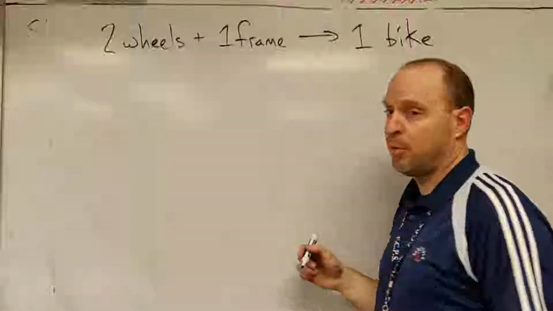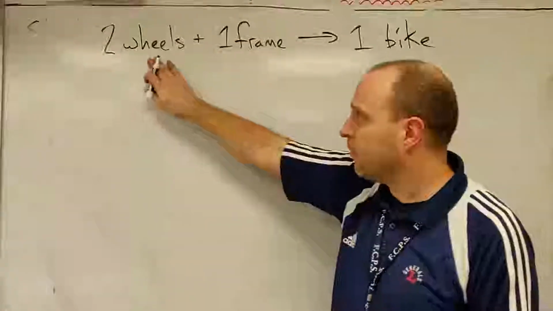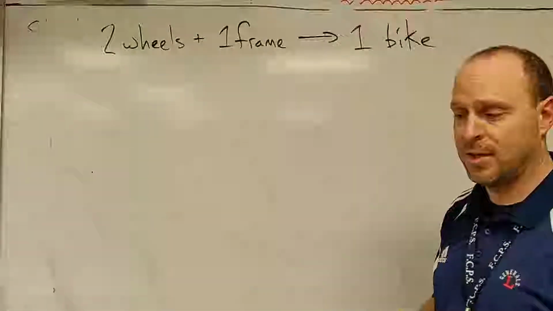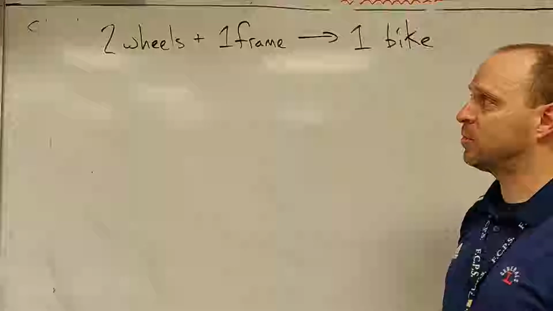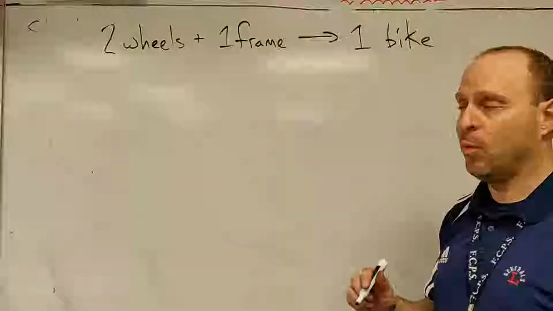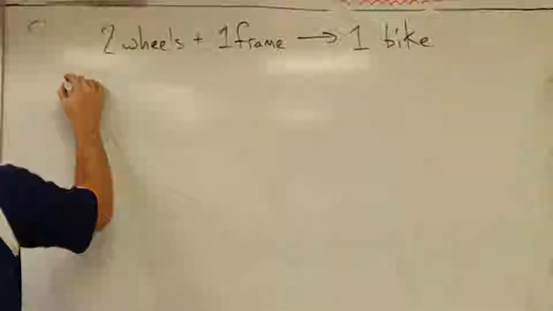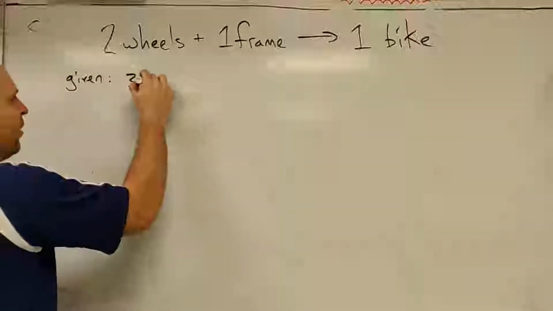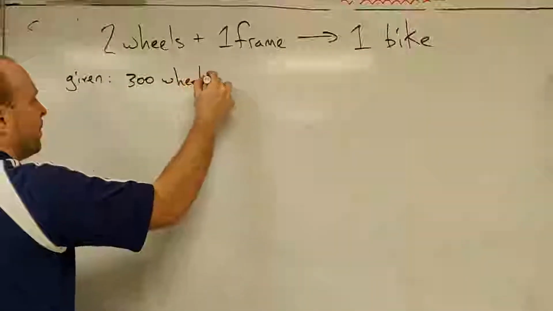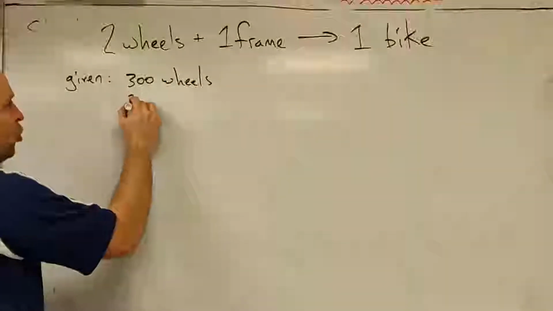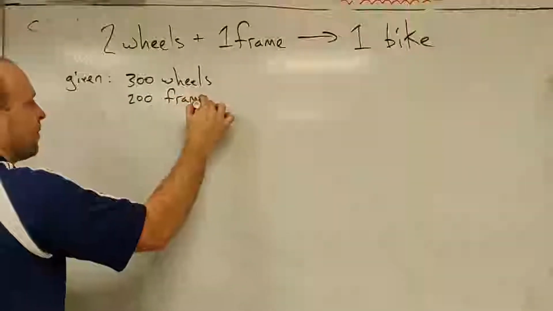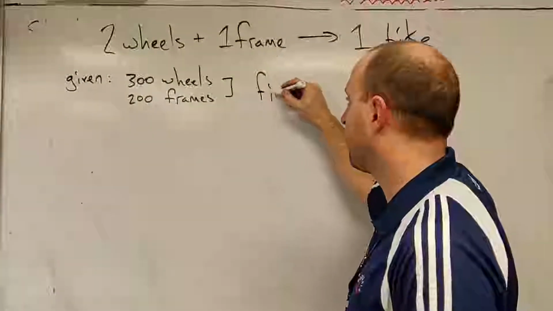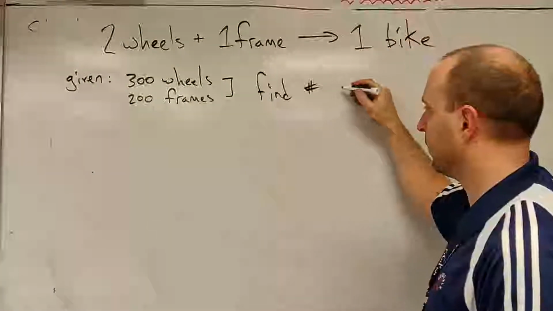In previous problems, we set it up as, given this, how much of this do you need and how much of this can you make? But is that a realistic scenario? Let's say you actually have this bicycle factory and you walk out to the warehouse one day, and you have, say, 300 wheels and 200 frames. What would we ask? What is the number of bikes that could be built?